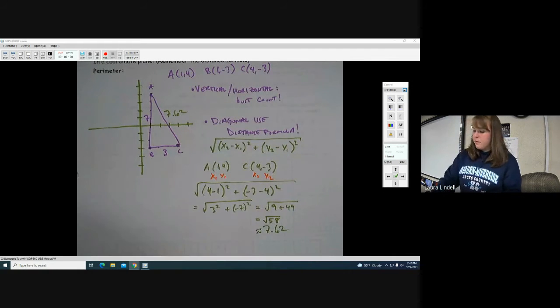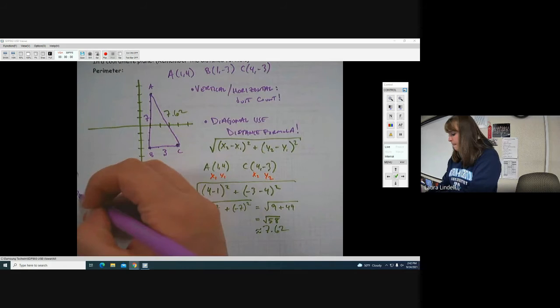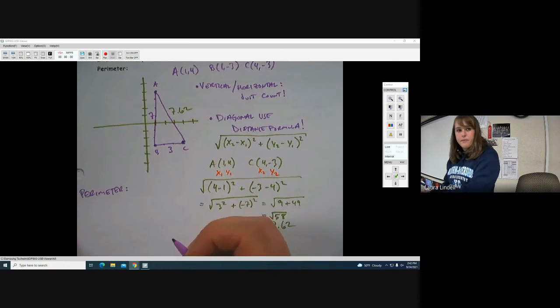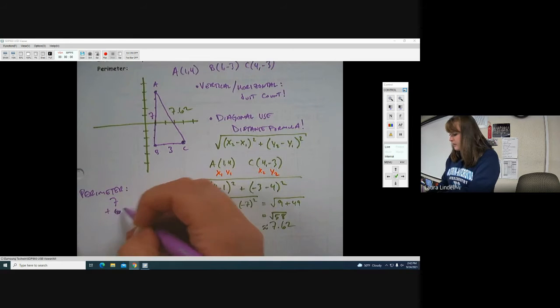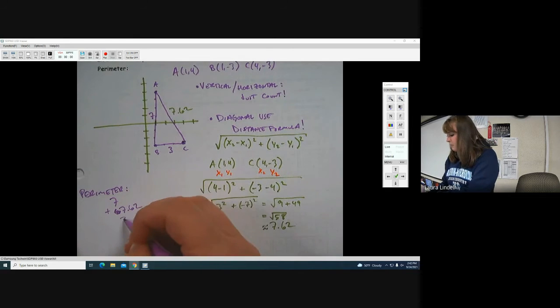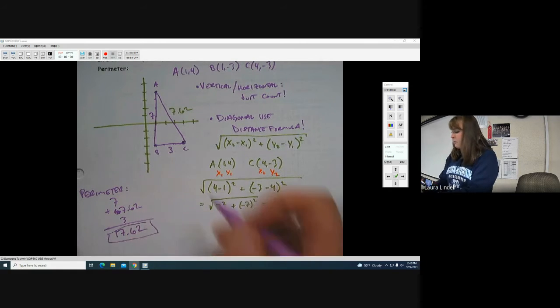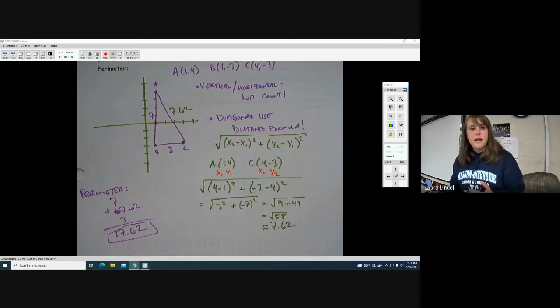Now to find the perimeter, all we have to do is add them all up. So 7 plus, not 6, 7.62 plus 3 gives us 17.62. So that would be the perimeter. Now, I know this sounds silly, but a lot of people get excited.